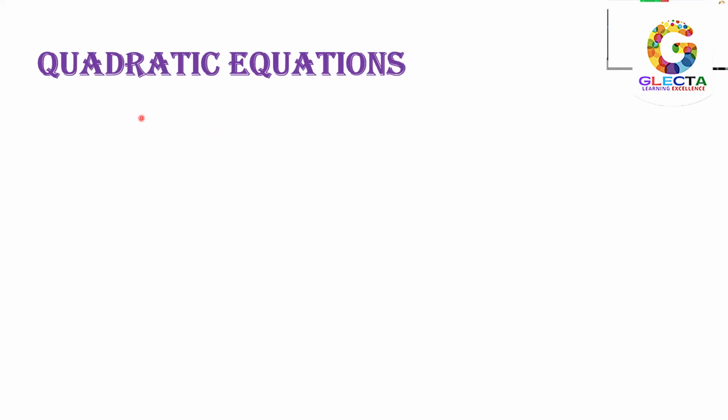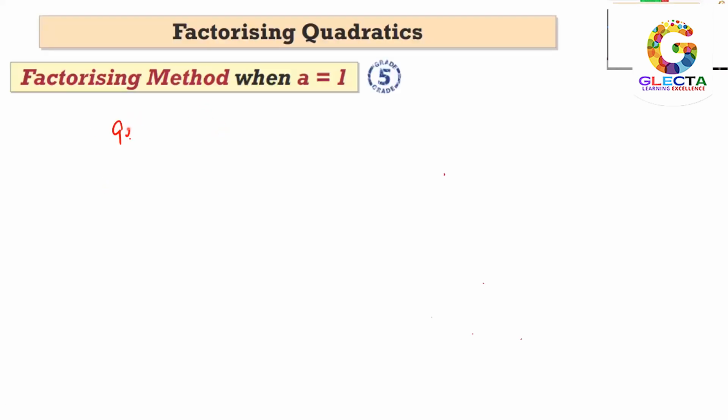All right. So in general, we write the general form as ax squared plus bx plus c equals 0. On the right side, it should be equal to 0. This is what we do in general.